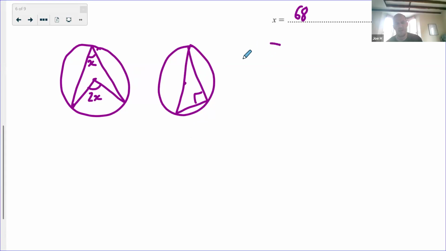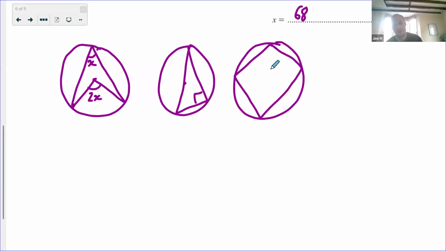You need to know that if you have a shape bouncing around the inside like that, if that is x, this will be 180 minus x.